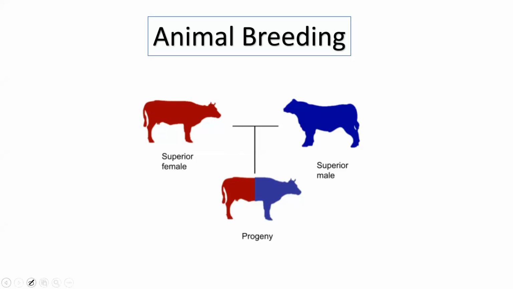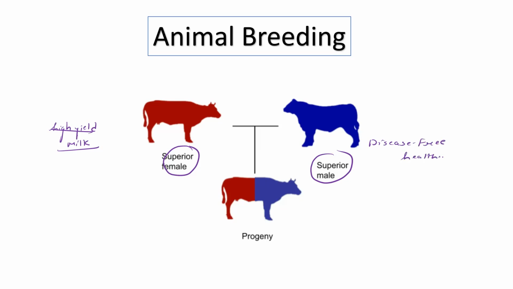In animal breeding, there is sexual reproduction between a superior female, for example, a female which produces high yield milk, and a superior male which is disease free and healthy, to produce healthy progeny.